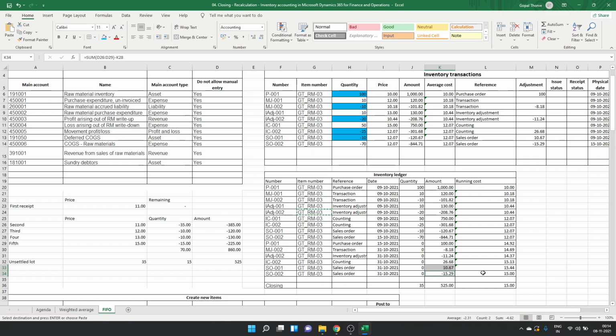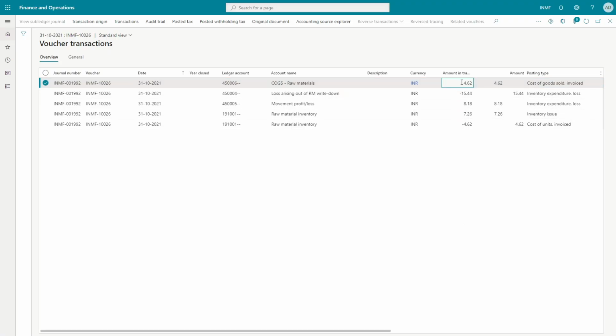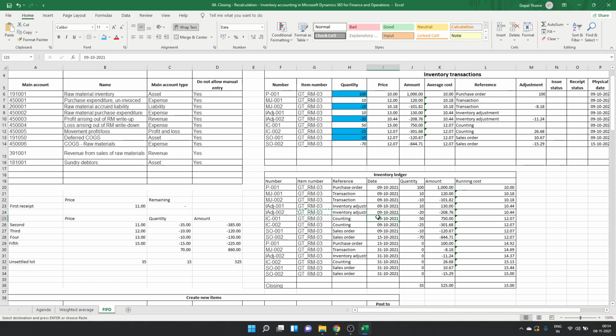The additional inventory is getting credited, and COGS is getting increased by this much amount. Now for this first movement, general inventory write down, whatever adjustment has been posted, it is 8.18.